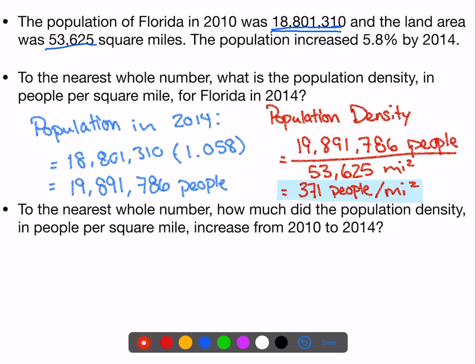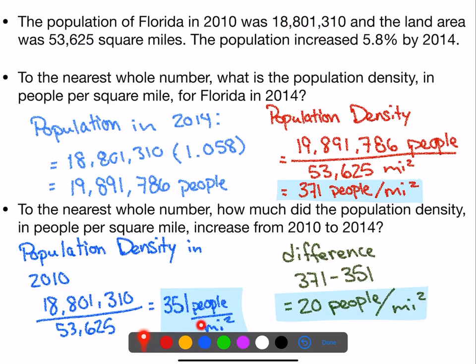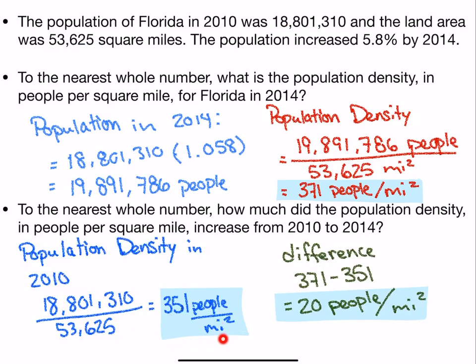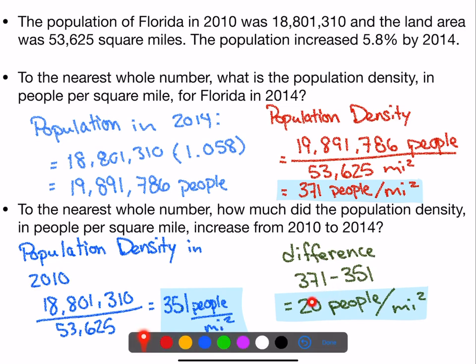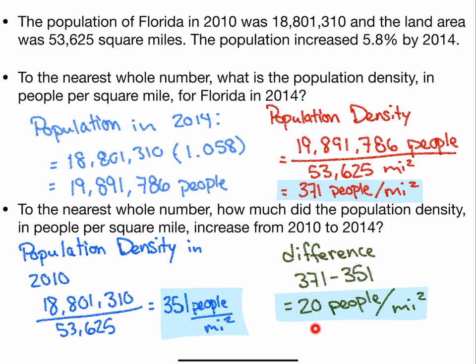This will give us our population density in 2010, which of course is 351 people per mile squared. If I want to find that difference, I just subtract those two population densities. So 371 people per mile squared minus 351 people per mile squared gives us a 20-person difference per mile squared in Florida during those 4 years.